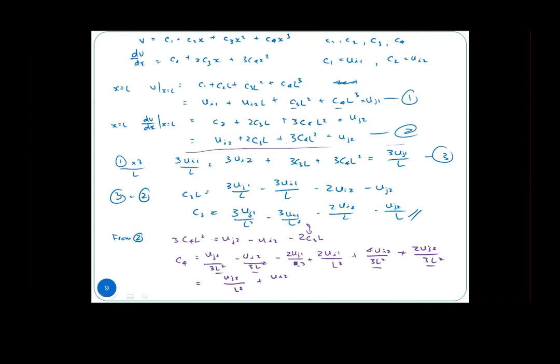So we have ui2 over L squared minus 2uj1 over L cubed plus 2ui1 over L cubed. All right, so that is our c4.